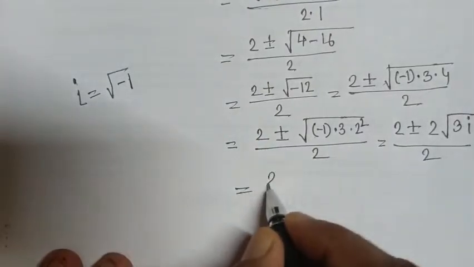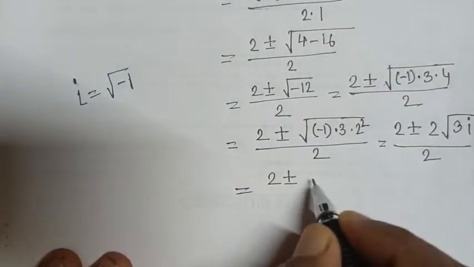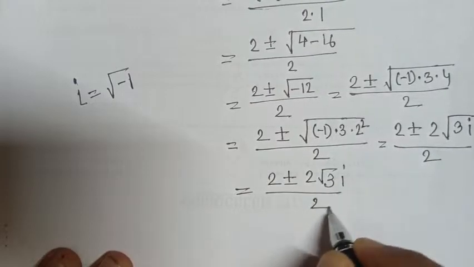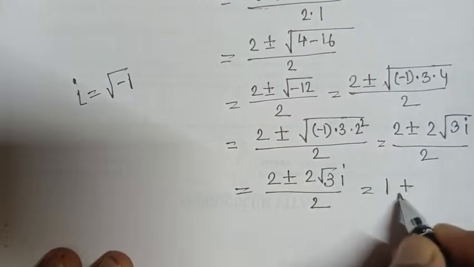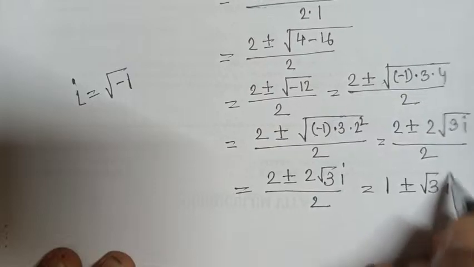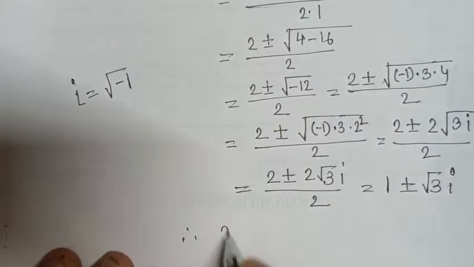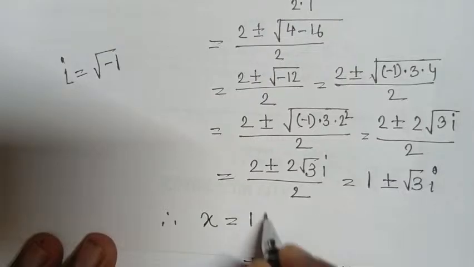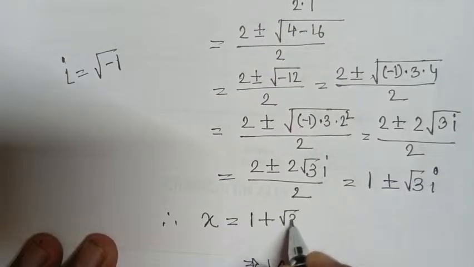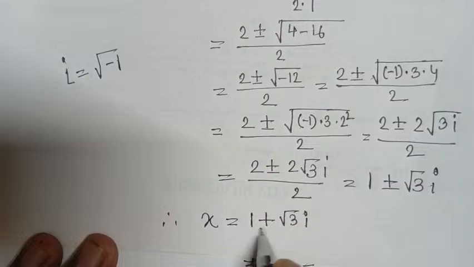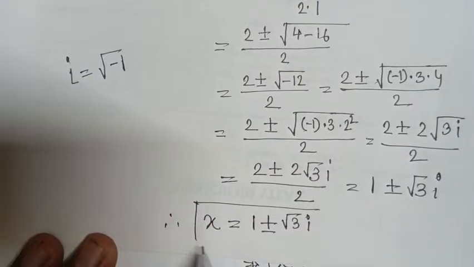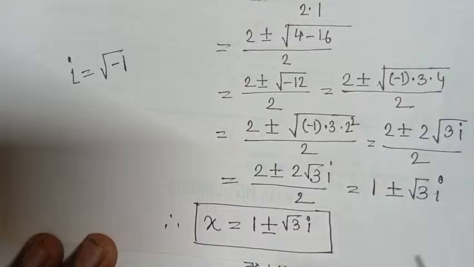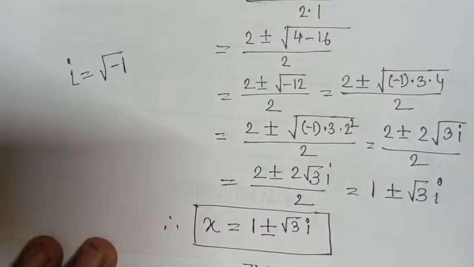So the expression becomes 2 plus minus 2 root 3i by 2, or 1 plus minus root 3i. So we get another complex root, x equals 1 plus minus root 3i.